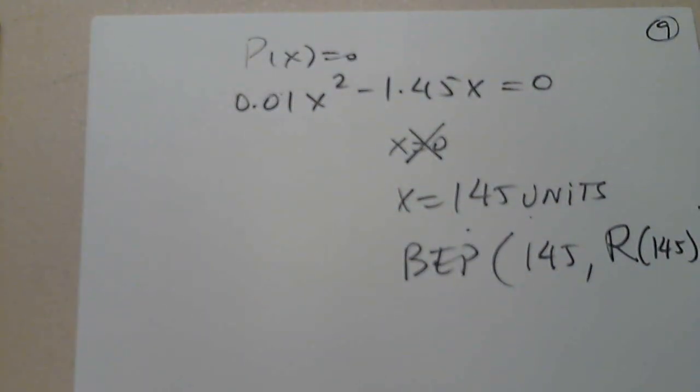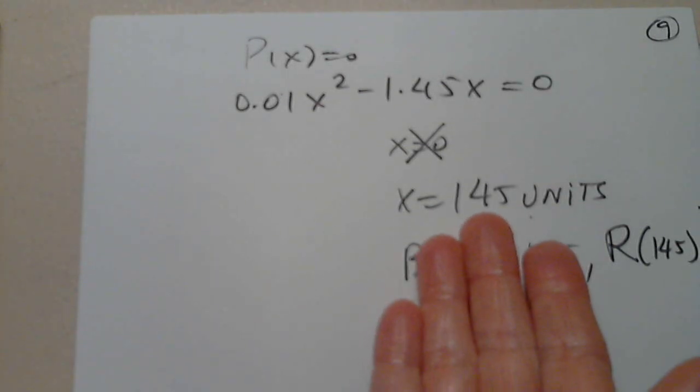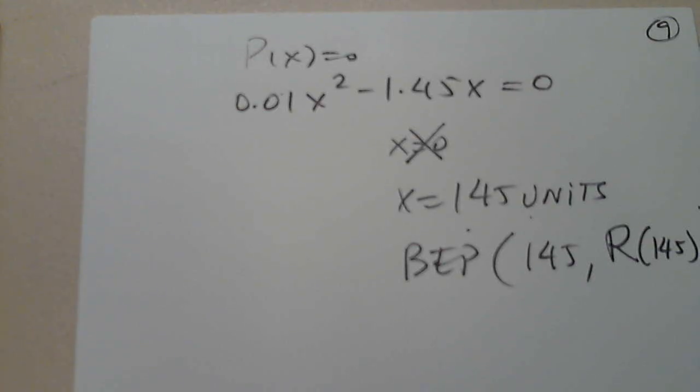Then in part B, we were asked to find how many units they need to manufacture to break even. If they want profit, obviously they have to manufacture way more than 145 and manage to sell them for the profit to exist. Any questions?